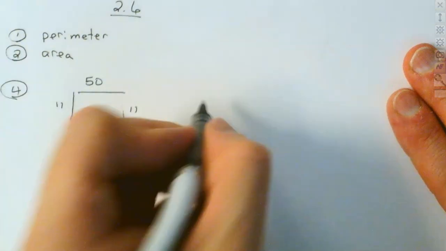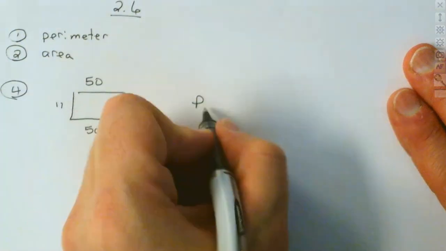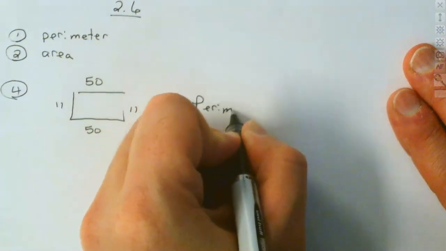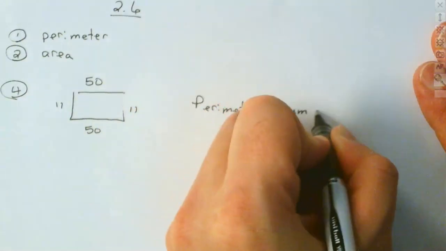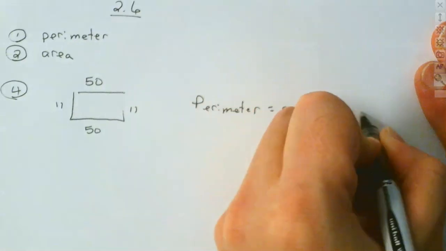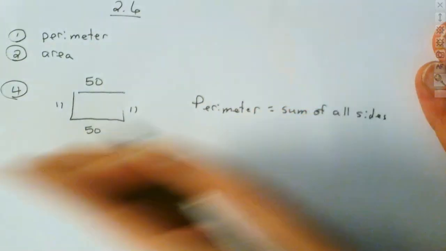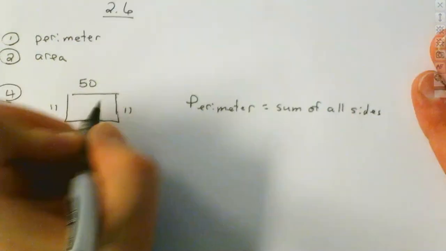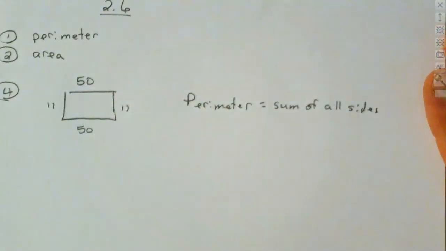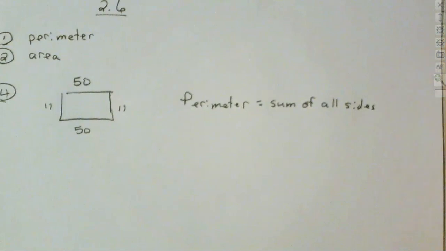So if I add up all the sides, because that's your definition of the perimeter. Perimeter is always the same. It's always the sum of all the sides. Doesn't matter what figure it is. It can be a rectangle. It can be a triangle. It can be a pentagon. Whatever it is, you're going to add up all the sides.